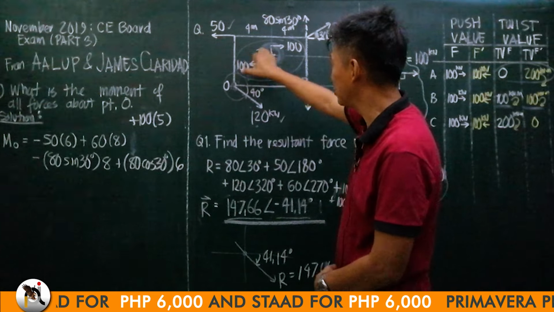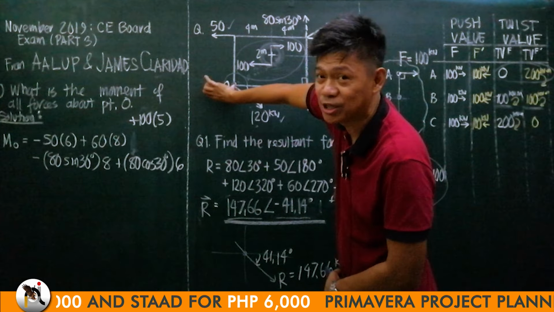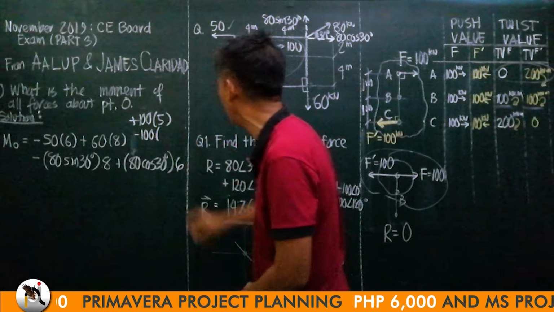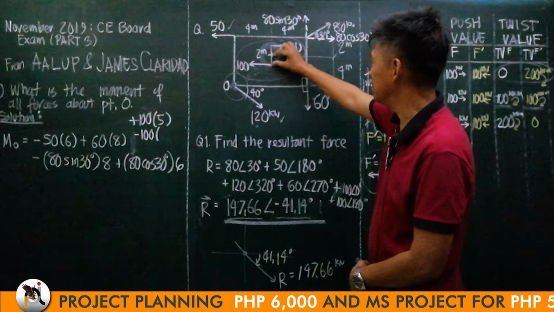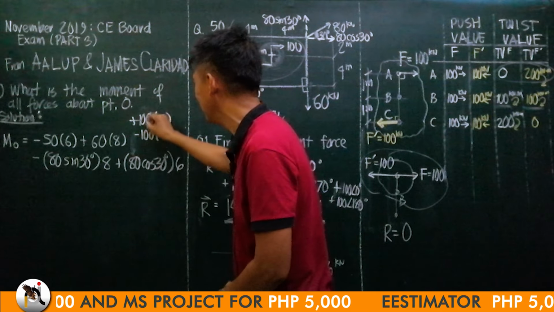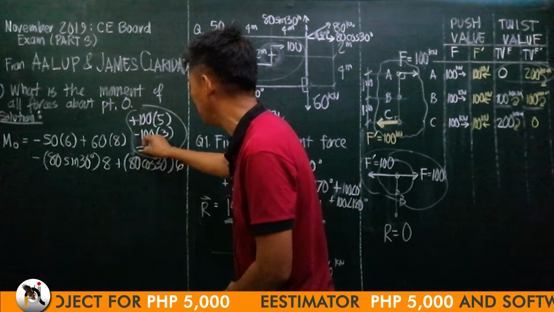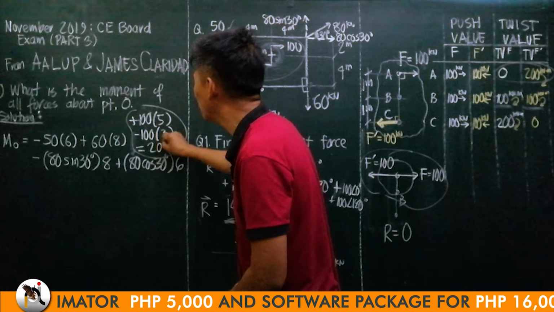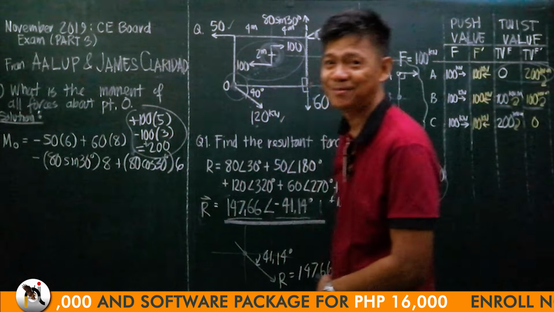This 100 will produce counterclockwise rotation about O. So that would be minus 100 times the moment arm. This is 4 meters, this is 1 meter, so this is 3 meters. 100 times 3. You calculate it, it would be 100 times 5, 500 minus 300, 200 positive.